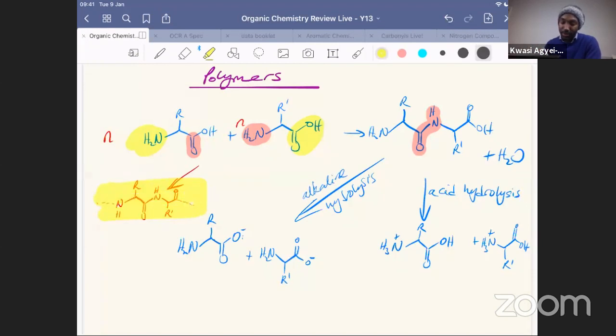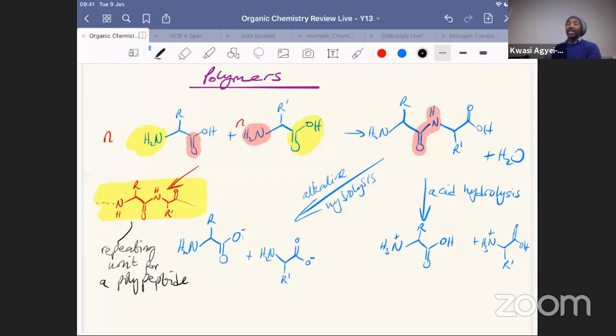That would be the repeating unit for the polypeptide. Okay, so that would be an example of condensation polymerization.